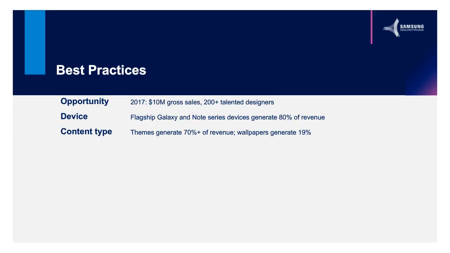We talked about themes, but in reality, the Theme Store supports different content types. There are themes, wallpapers, always on display items, and icon packs. In the Theme Store, a theme, which is an end-to-end experience, generates about 70% of the revenue.